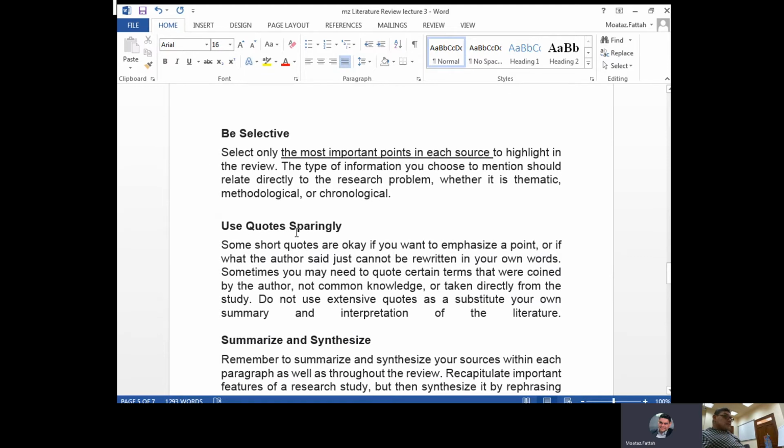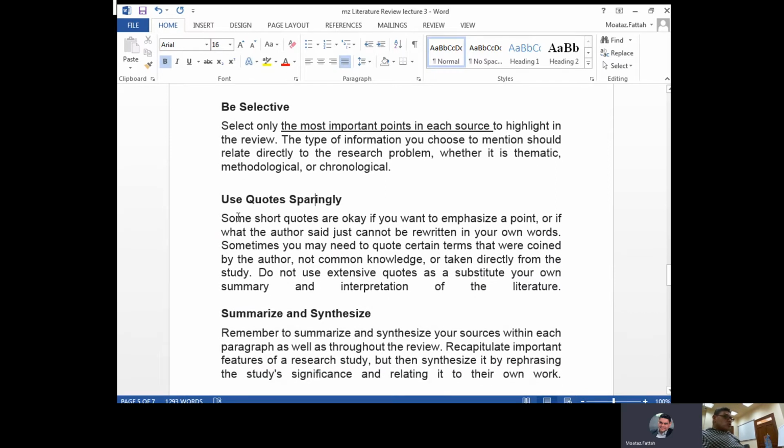Use quotes sparingly, meaning less, don't overuse quotes. Some short quotes are okay if you want to summarize a point, or if the author said just what cannot be rewritten in your own words. Sometimes you may need to quote certain terms coined by the author. For instance, when they first introduced the concept of petrodollar.